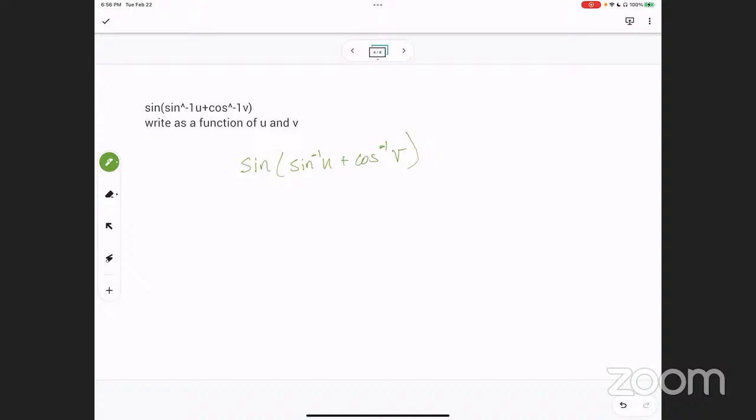What's the sine of a plus b equal to? Isn't it sine A cosine B plus sine B cosine A? I don't have it memorized. Yeah, I'm pretty sure that's what it is. So that's what we're looking at right here. Let's write this out.